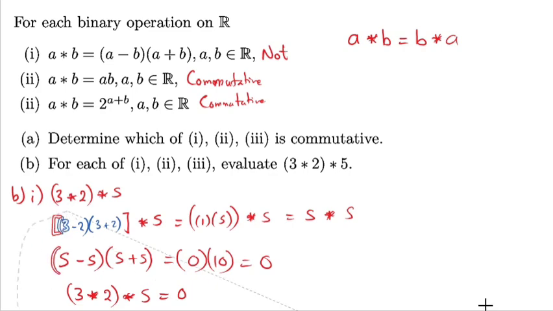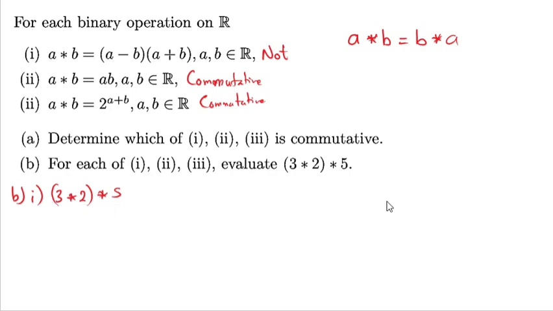Right, let's go to the second one. So part B, number 2. The binary operation for that one is A star B is equal to AB. So just multiply them. So finding this expression here, we're just multiplying 3 and 2.